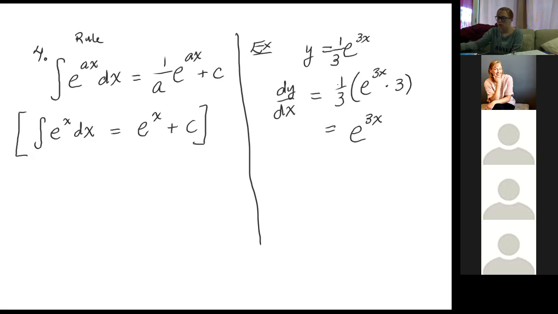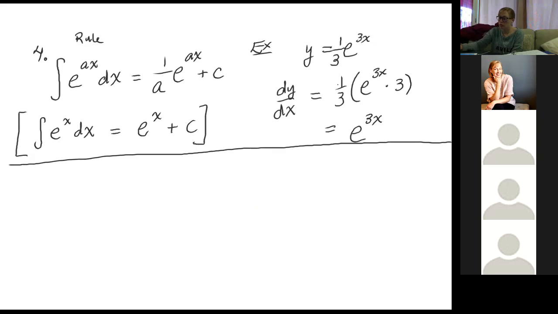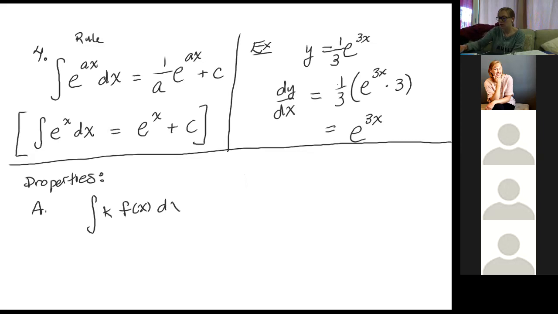Okay, two more nice properties of antiderivatives that will be helpful to us that are actually just like your properties for derivatives. I'm not going to do the related example, but I'll just tell you a couple of properties. First one, if I want to take the antiderivative of some constant times a function with respect to x.